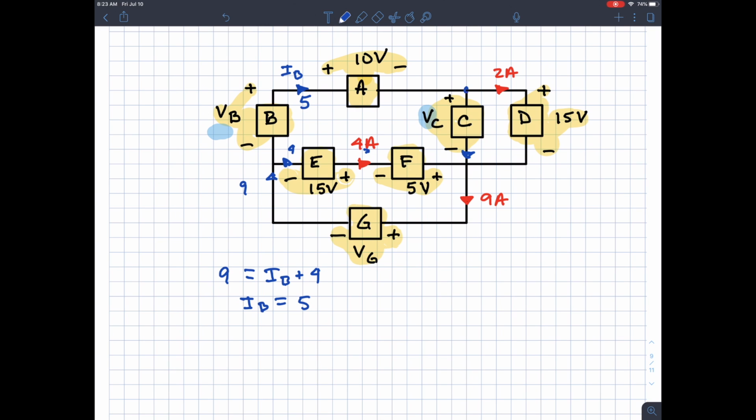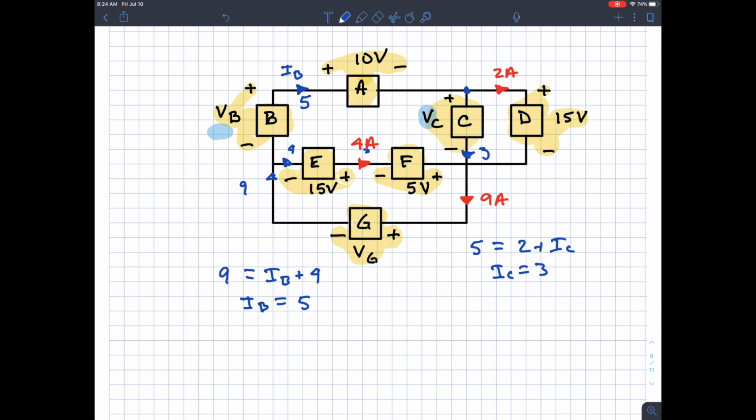And then at this node, we have 5 coming in, we got 2 going out, and if I call this IC coming down, IC is equal to 3. Okay, good. So now we have the currents.